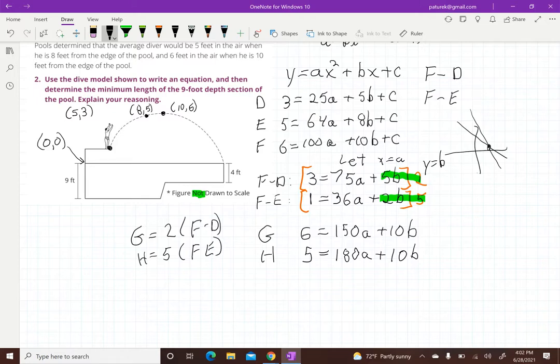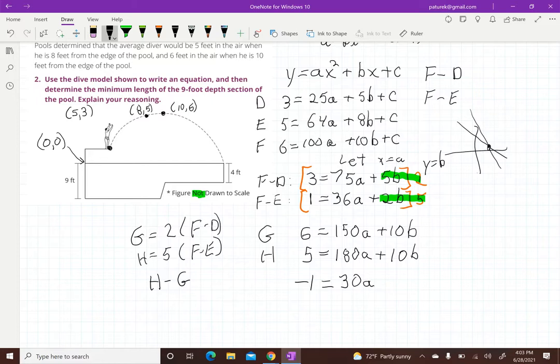If you're wondering, how did I come up with what I have? f minus e. Well, I wanted to kind of resist negative numbers, but I'm going to have one way or the other. So I will go H minus G. 5 minus 6 is negative 1. 180 times a minus 150 times a is 30 times a.